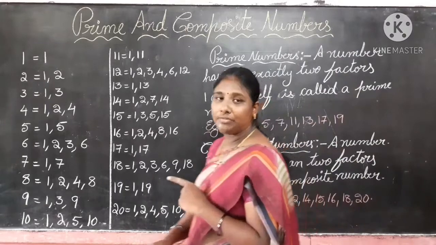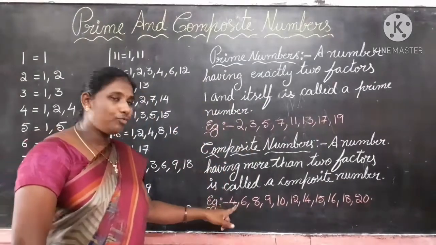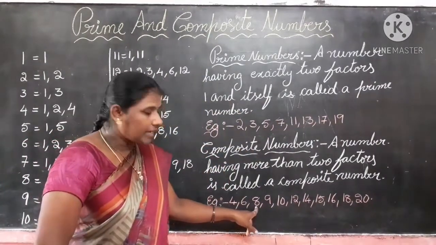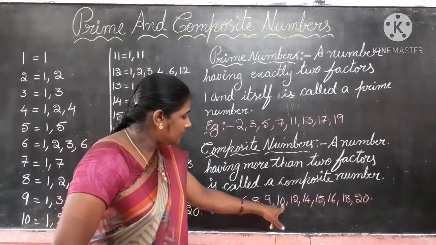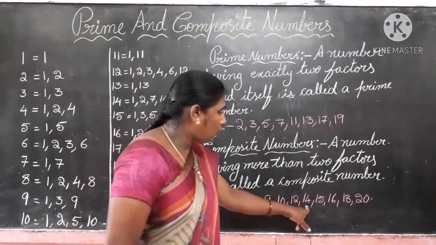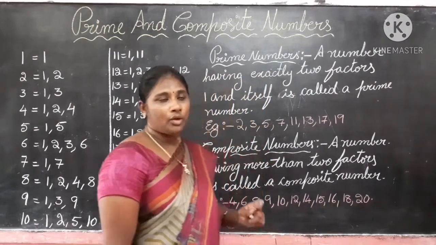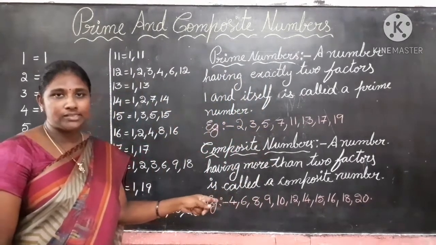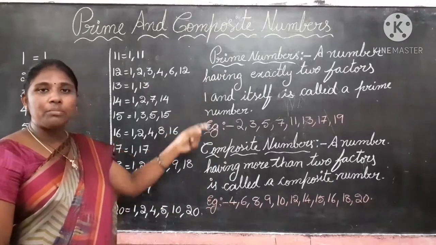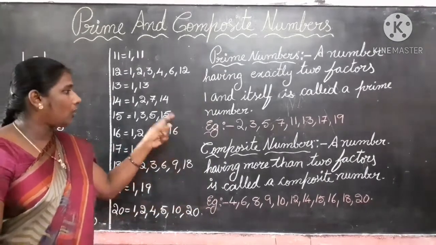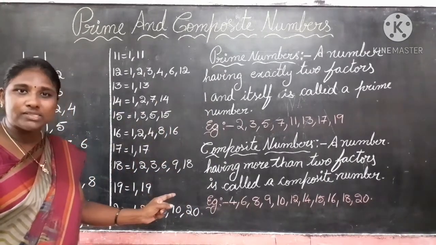The composite numbers between 1 and 20 are 4, 6, 8, 9, 10, 12, 14, 15, 16, 18, 20. Okay, these are composite numbers. These are prime numbers and these are composite numbers. We wrote the prime and composite numbers from 1 to 20.